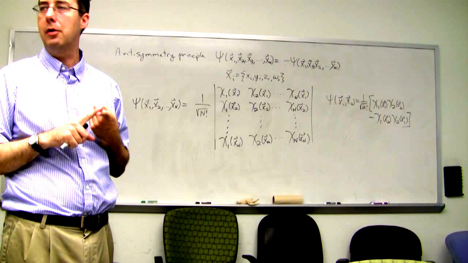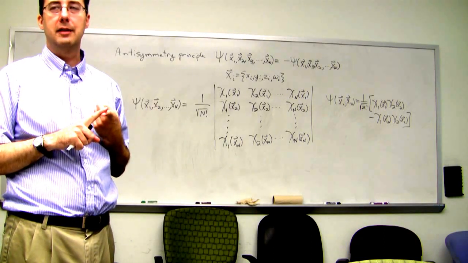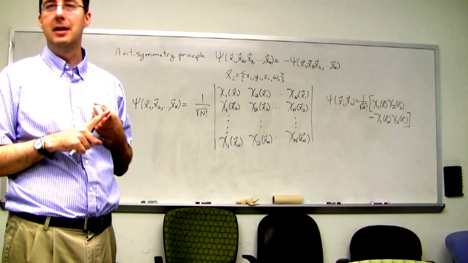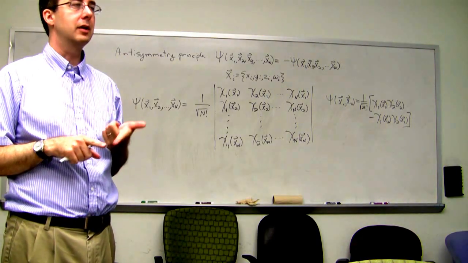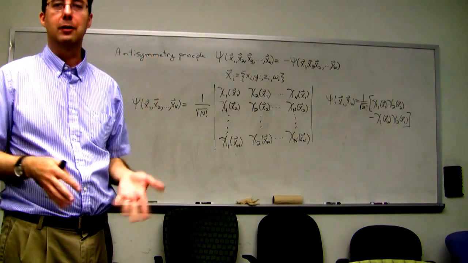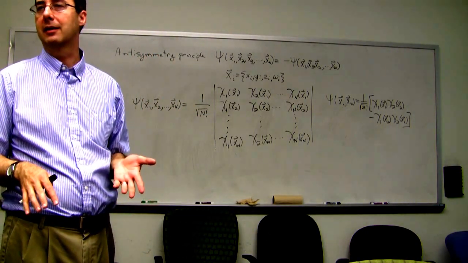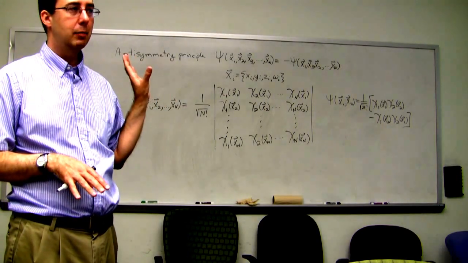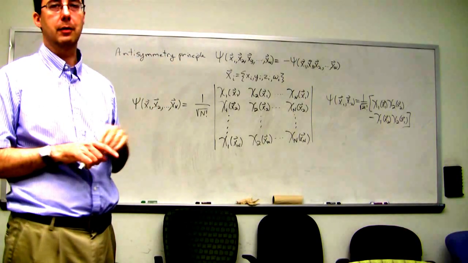In general, you need multiple Slater determinants. And that gets us into configuration interaction, which is the topic of another lecture. So it's an approximation to say, that's too much work. I'm just going to use one determinant, even though it's not exact. It's the best I can do without doing too much work. So I'm just going to approximate the solution as one Slater determinant.